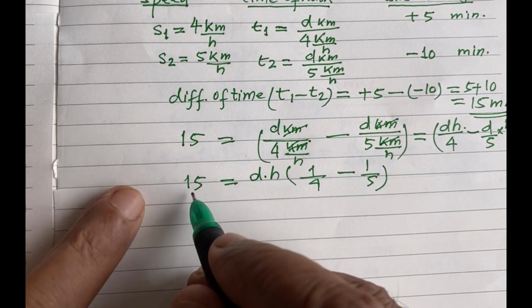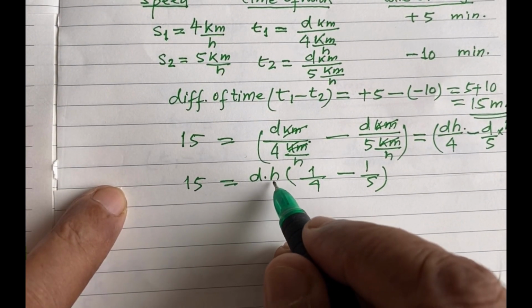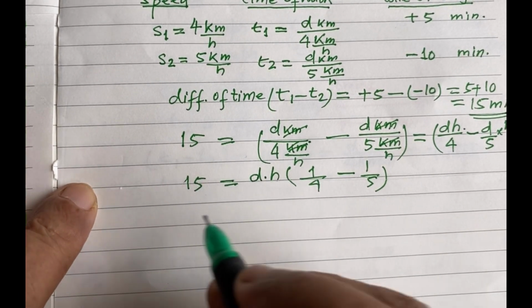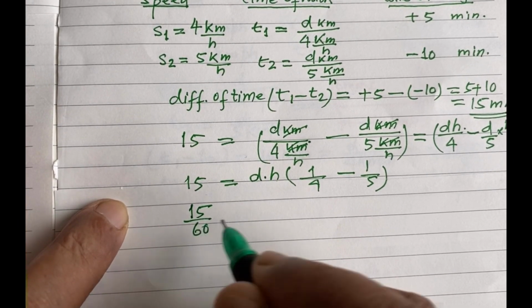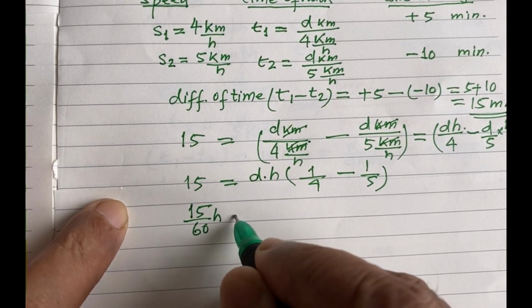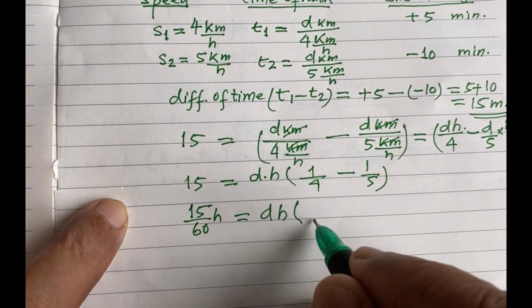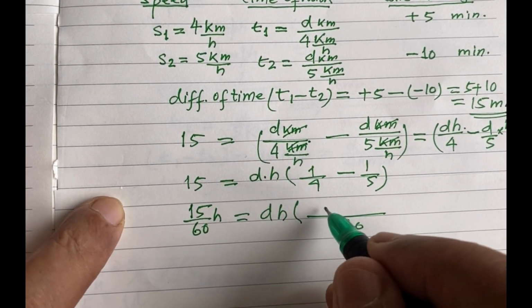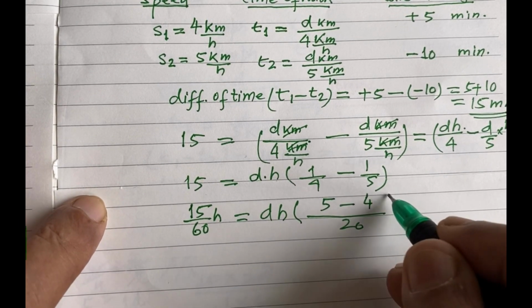Now you see this is 15 minutes, so we convert into hours because here we have taken the speed in kilometers per hour. So 15 minutes becomes 15 divided by 60 hours, and this is d h, and here we get 20 as LCM, so we get 5 minus 4.